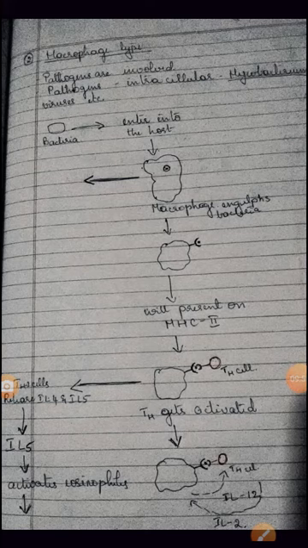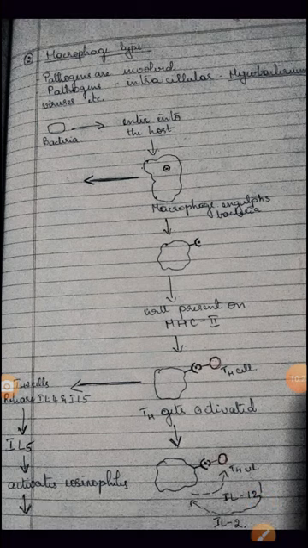Now after the T helper cell gets activated, it has receptors on its surface which can bind to the MHC class 2 of the macrophage.